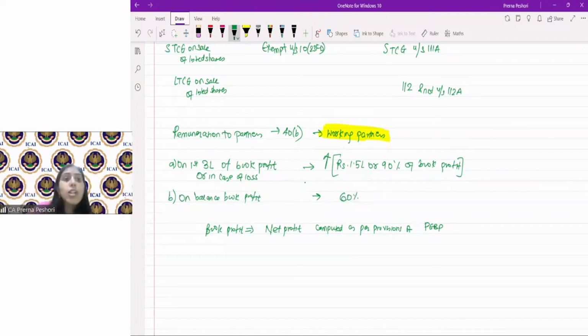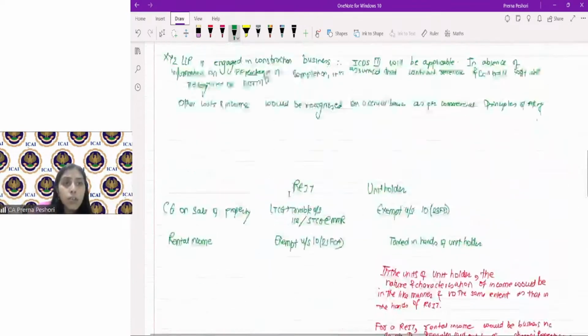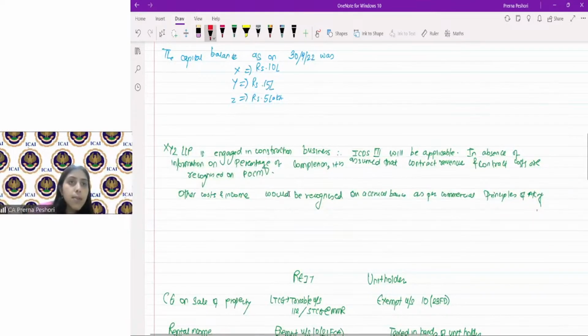Let's say, for example, if I would have given you here in the adjustments, let me give you the adjustment B. Let's say UAD rupees 1 lakh and brought forward business loss, let's say 2 lakh.